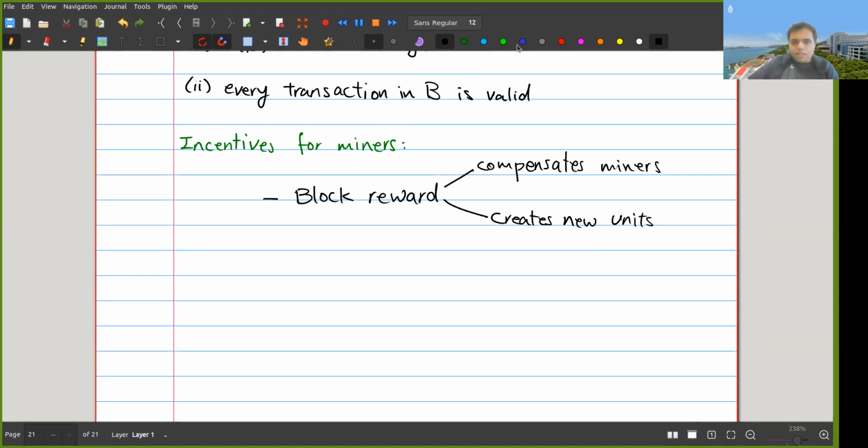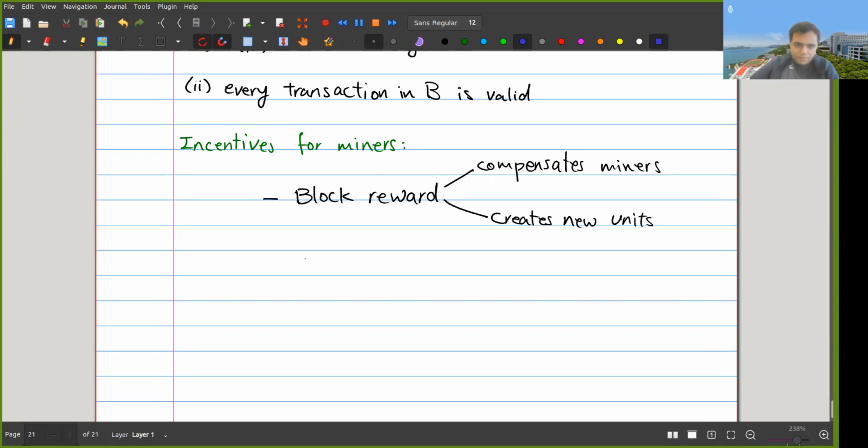The idea here is that in every block, the miner can include a specific type of transaction. This transaction doesn't have any inputs. It only has one output that pays the block reward to the miner. And this is how we create new units of currency and also how we pay the miners.